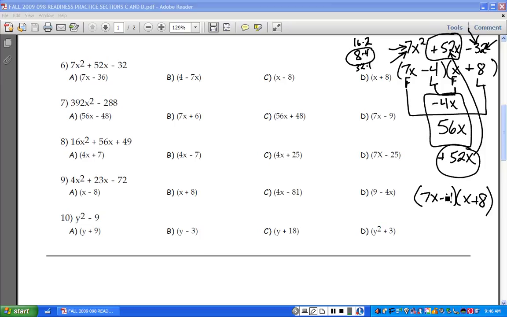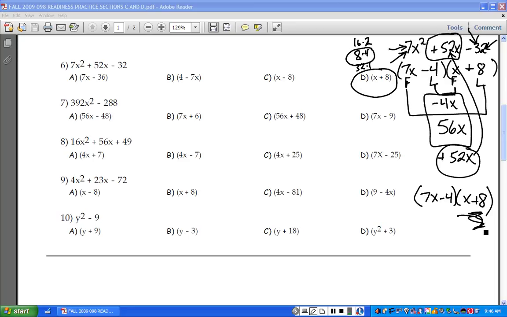So what I'm showing you is just the reverse FOIL method. That is number 6, and based on what we have here, the answer would be D, x plus 8, because of our x plus 8 right there.